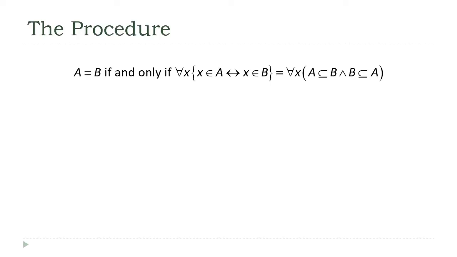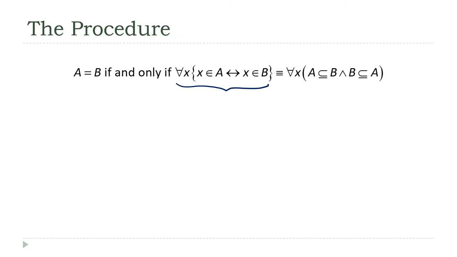Now we're going to move on from proving things about subsets to proving things about equality between sets. And just like we did with subsets, we're going to base our procedure on this formal definition of set equality. So you remember when we talked about this previously, we had this for our original definition.